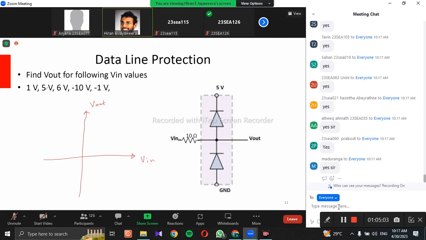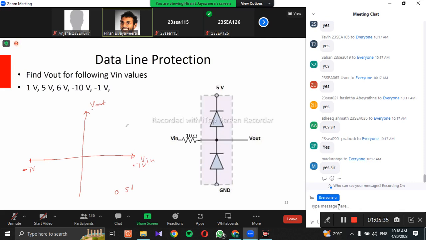So I want you to find input and output values, maybe from minus 7 volts to plus 7 volts in 0.5 volt steps, and plot Vout against Vin for this curve. So you can note it down. It's homework that you can do.